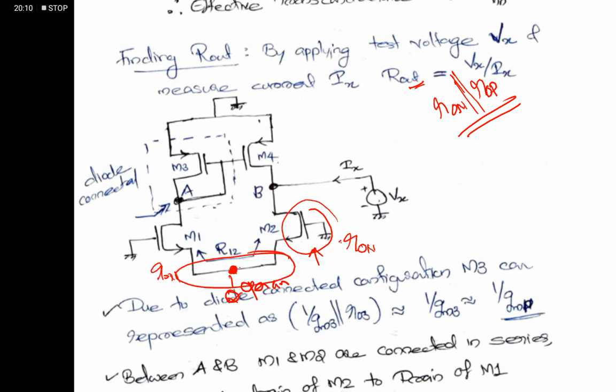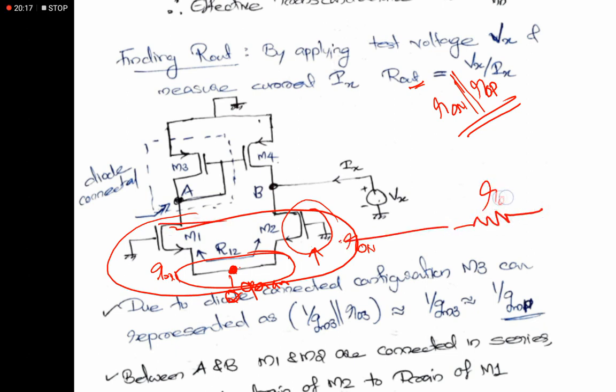This entire circuit we can replace with a single resistor whose value is R0N. Okay, first replacement, these M1 and M2 are replaced with its equivalent resistance, that is R0N. So due to the series connection of this one, here it becomes 2 R0N.